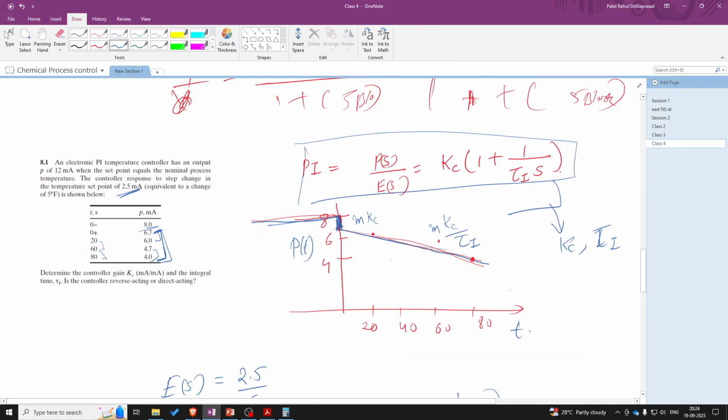So we can see as soon as we introduced a step change, the error increases, the value of the output decreases. That is, the control action is taking place in the negative direction. So with increase in the error, the action is being taken in the opposite direction.